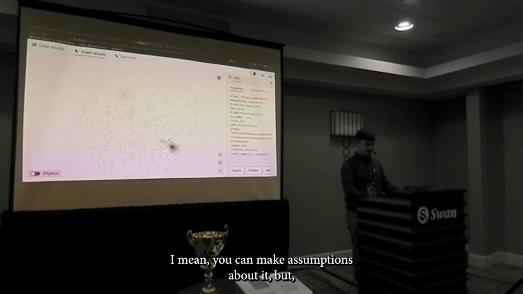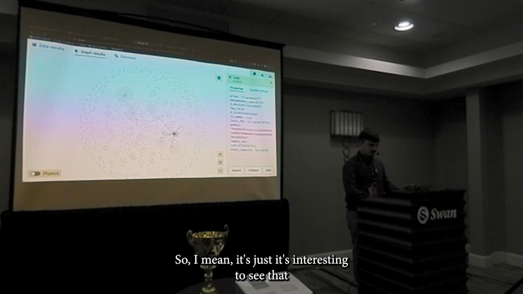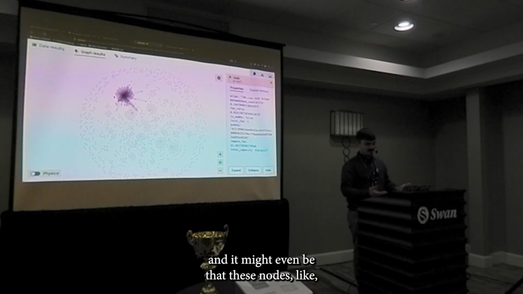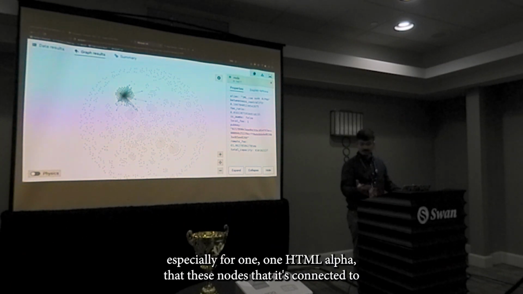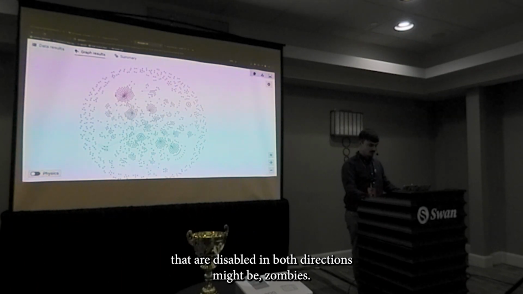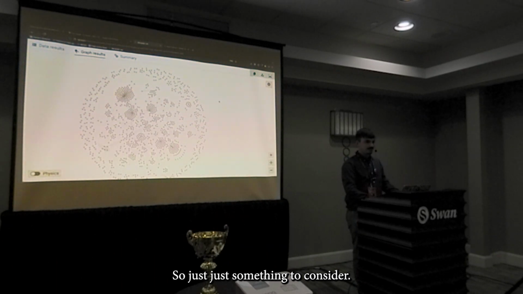I mean, you can make assumptions about it, but that's what I glean out of it. So it's interesting to see that all these nodes would have it disabled in both directions, and it might even be that these nodes, especially for 1ML alpha, that it's connected to that are disabled in both directions might be zombies. So just something to consider.